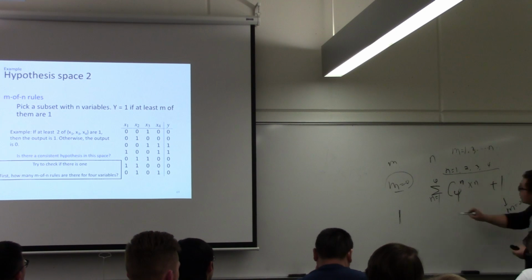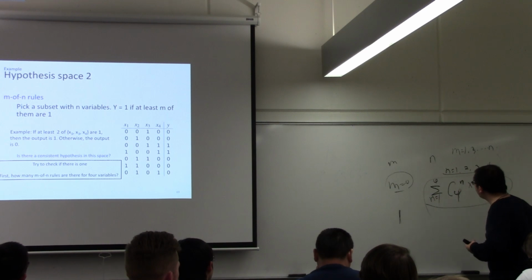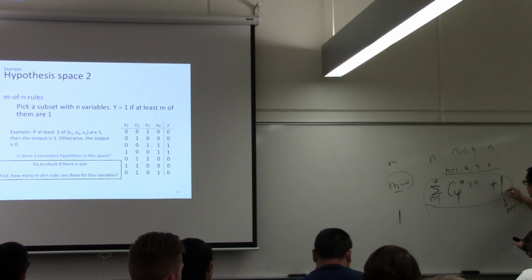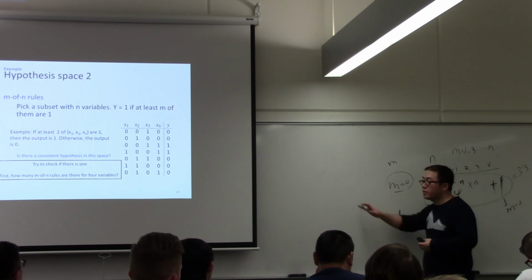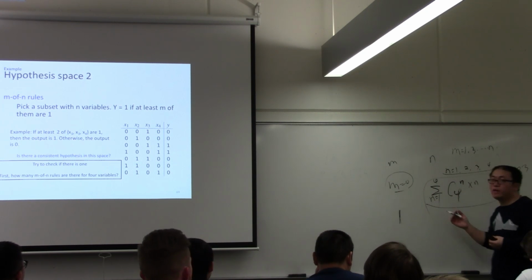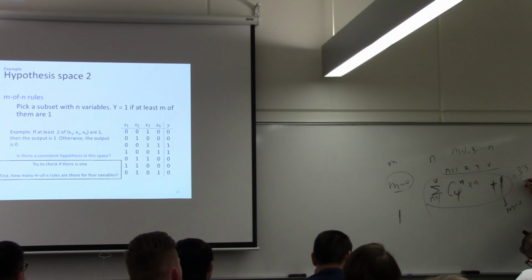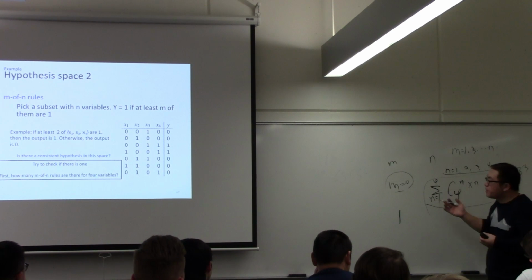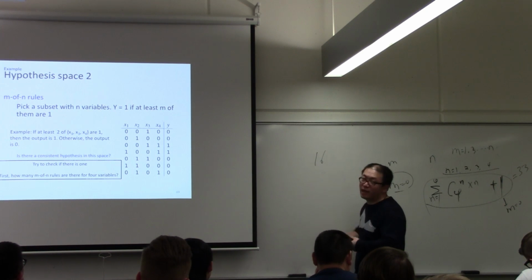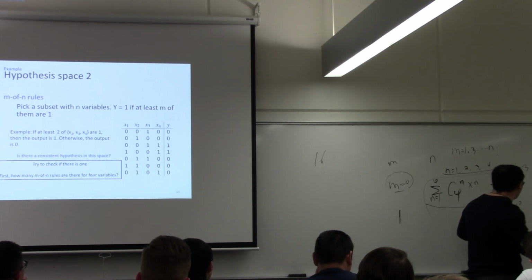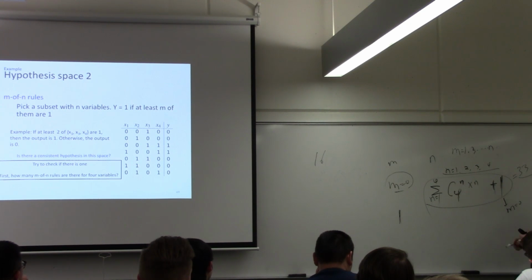When we calculate this simple formula, we get 33. So how large is the hypothesis space for our M of n rules? It's 33, right? And for our simple conjunction rules? 16, right? Looks like we have found a larger hypothesis space.